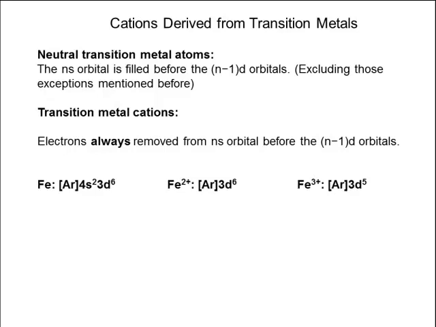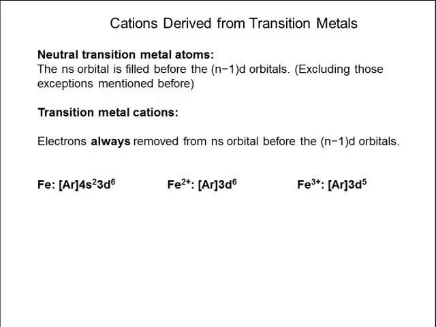So let's look at this. If I look at iron, neutral iron should be argon 4s2 3d6. According to what we were talking about before, the core electrons would be the argon, and the 4s2 3d6 would be the valence electrons. Really, the valence electrons are going to be the electrons in the outermost shell, the one with the largest n value. In this case, that is the 4s.